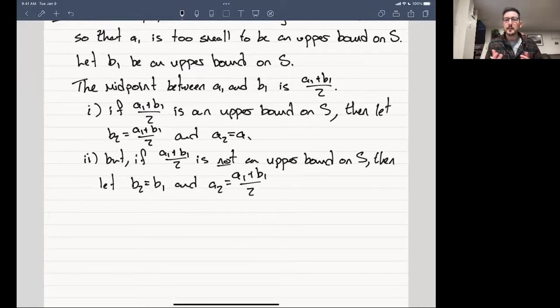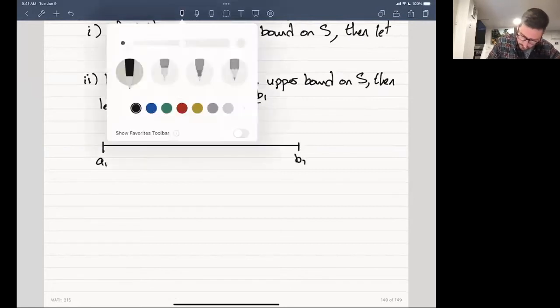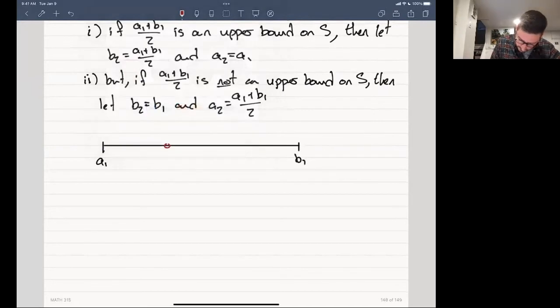So what this does is cut the interval in half, right? You have A1 to B1, and you look at the midpoint and you choose the interval that S lies inside of. I'm going to do this pictorially for a moment. Let's imagine we have a line here, and this is going to be A1 and B1. And let's pick a value for S.